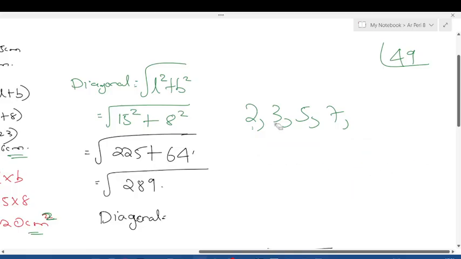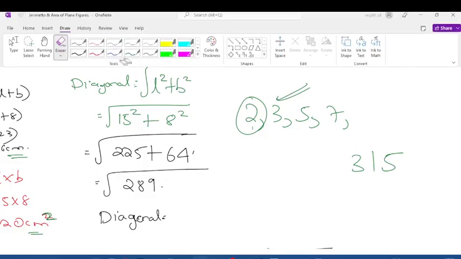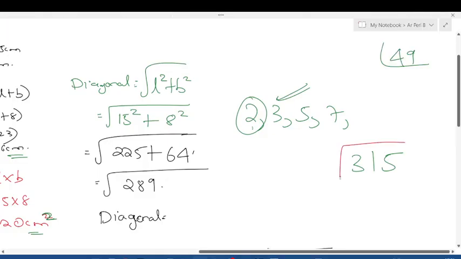Okay. Now next, rule for 3. How do you check whether a number is divisible by 3? Let me take 312, 316. Or let me take 315. How do you check whether this number is divisible by 3 or not? No, not the last. For 3, you can't do it like that. The only thing is add up all these three values.